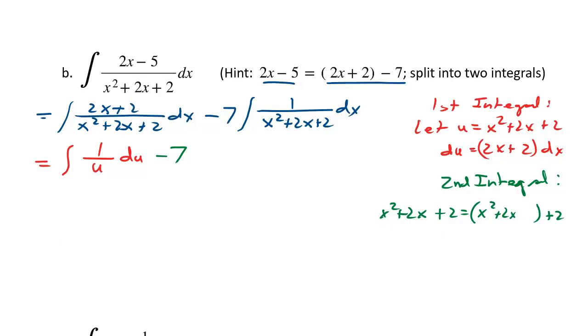Remember, to complete the square, you take the b term, divide by 2, and square it. The b term is 2. 2 divided by 2 is 1. Square it, so this is a plus 1. Since we added 1, we have to subtract 1 as well. Now we can write the first part in parentheses as a perfect square, and then plus 1.